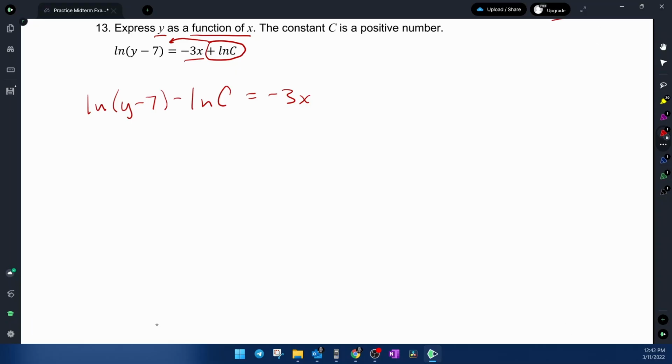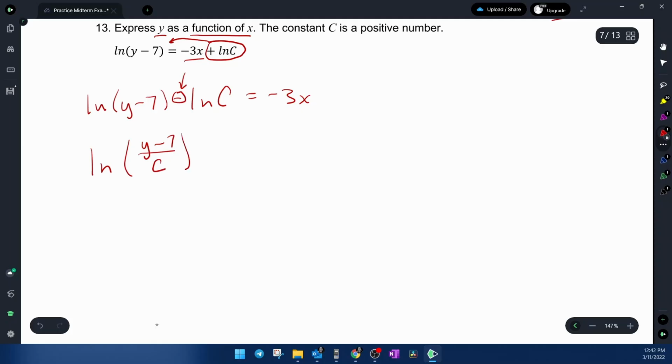And now with the properties of logarithms, I can combine my two natural logs into one. The subtraction indicates the quotient rule. So remember, a subtraction turns into a fraction, and whoever is first goes on top: natural log of y minus 7 over c equals negative 3x. Remember that natural log is log base e.